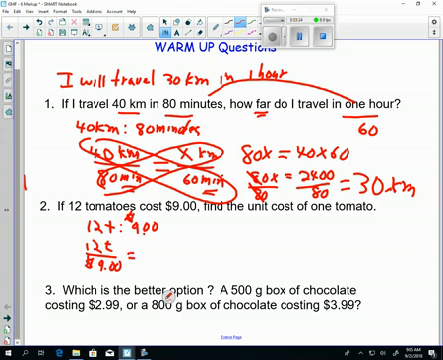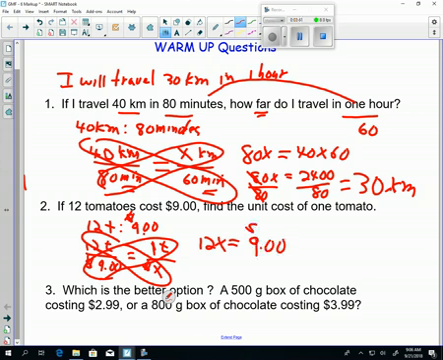They want to know what one is going to cost, so I'm going to put in 1 tomato and what it's going to cost on the bottom. Then if I multiply, 12 times x is 12x equals 9 times 1. That's going to be $9.